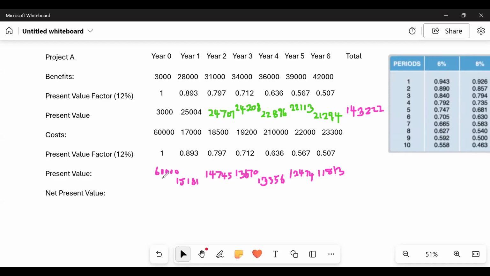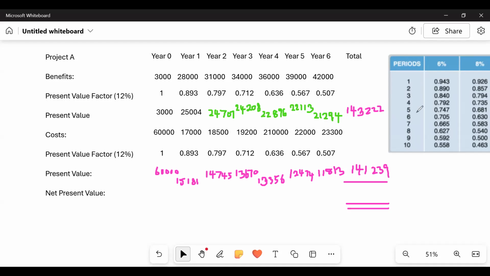When you sum everything up, the total will be 141,239. And when you subtract, you will get the net present value.